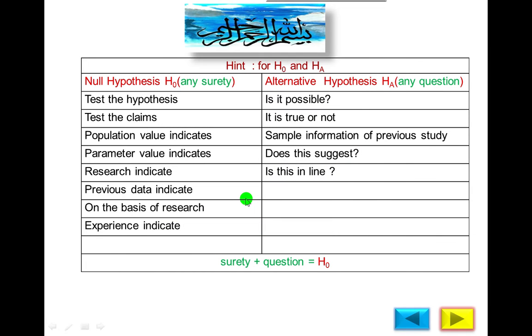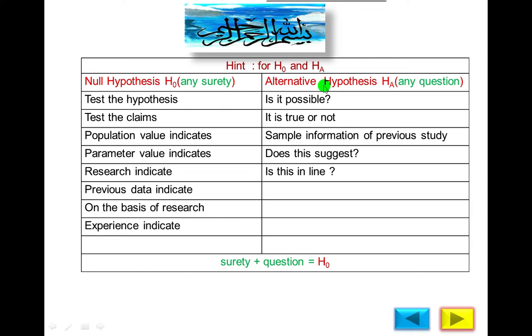Number second, null hypothesis may be unknown, alternate given or known. And number third, both may be known. Number 4, both may be unknown.